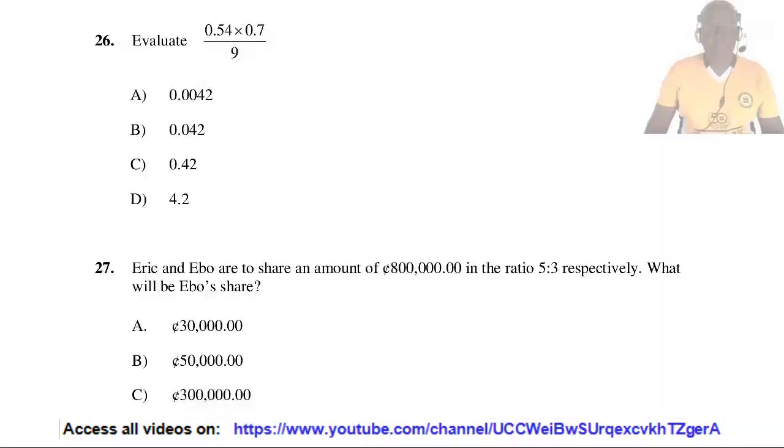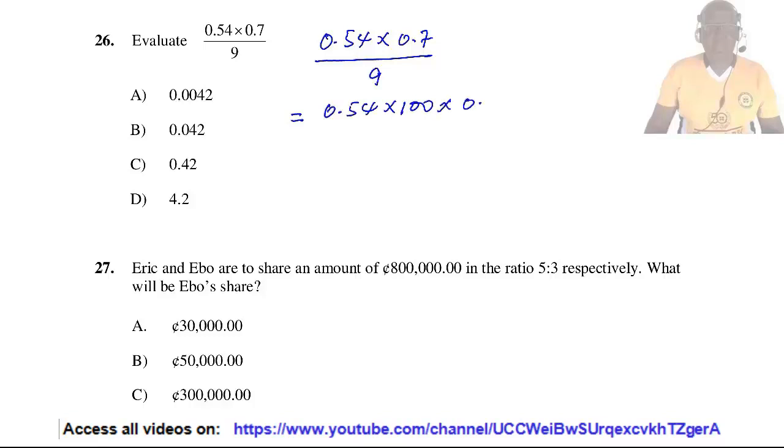Question 26. Evaluate 0.54 times 0.7 divided by 9. That is 0.54 times 0.7 all divided by 9. We shall convert the decimals into whole numbers. That is, we shall multiply 0.54 by 100 and 0.7 by 10, and therefore divide by 100 and 10.